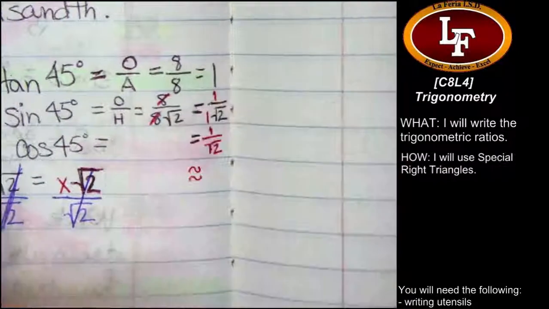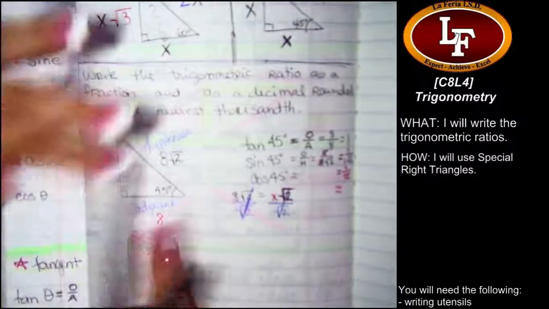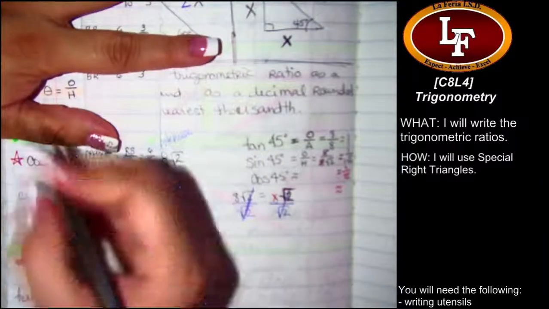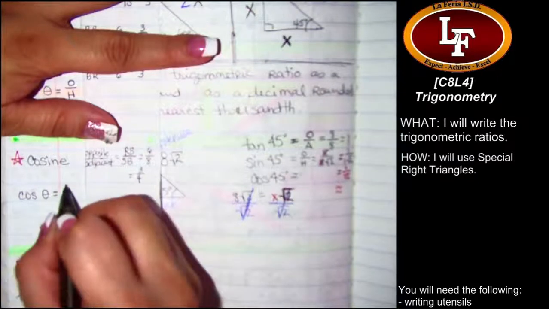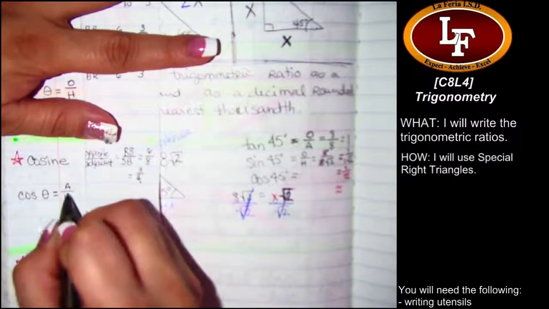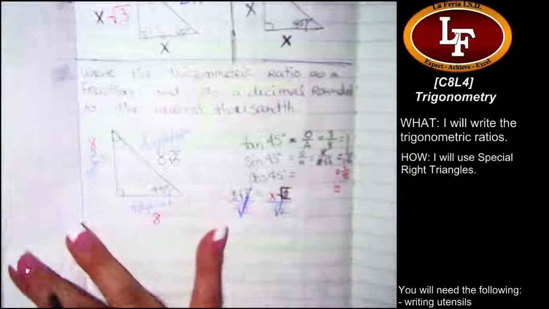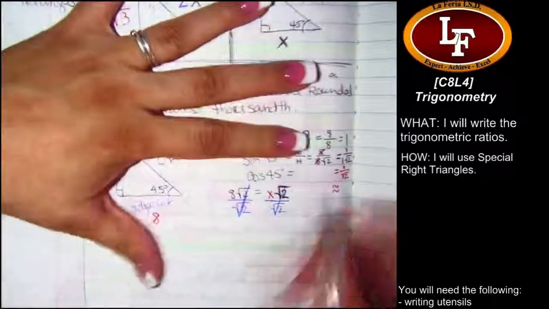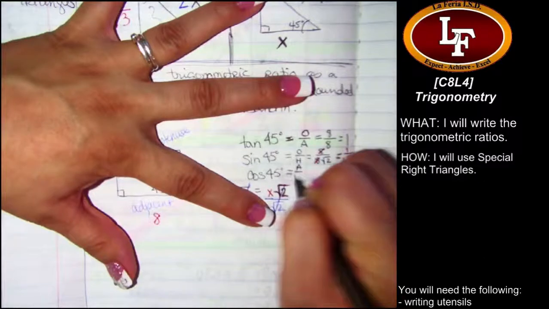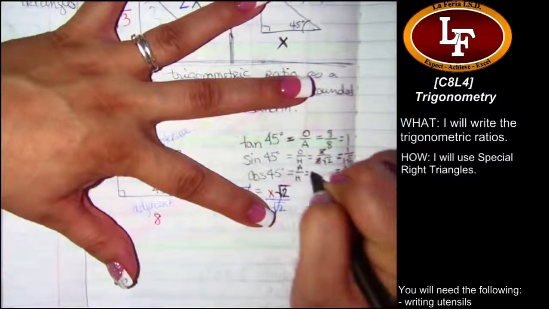According to notes from yesterday, what is the ratio that generates a cosine? Adjacent over hypotenuse. So on the left-hand side, give yourself your little cheat sheet right here. A over h, cosine is adjacent over hypotenuse. Write that in here. Substitute your fraction.